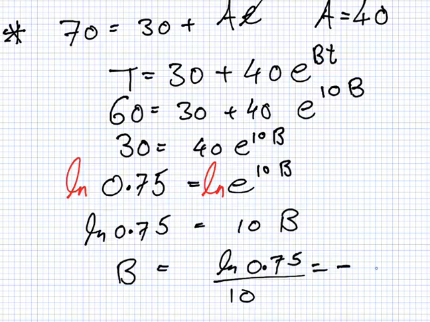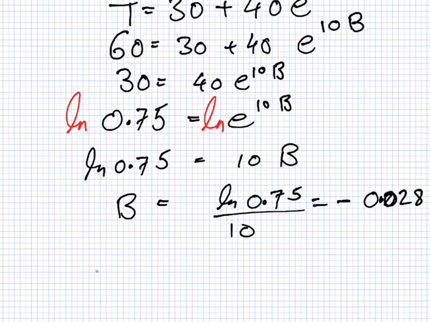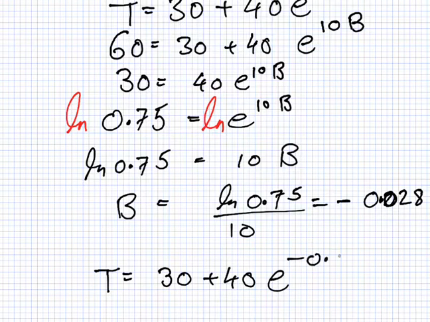Minus, what is it? Minus 0.028. So now you have your formula for the temperature. The temperature equals 30 plus 40e^(-0.028t).